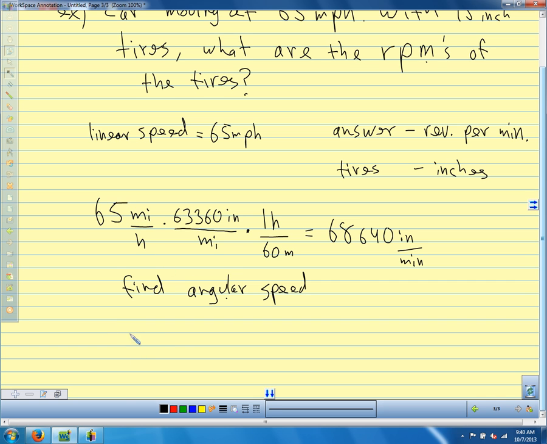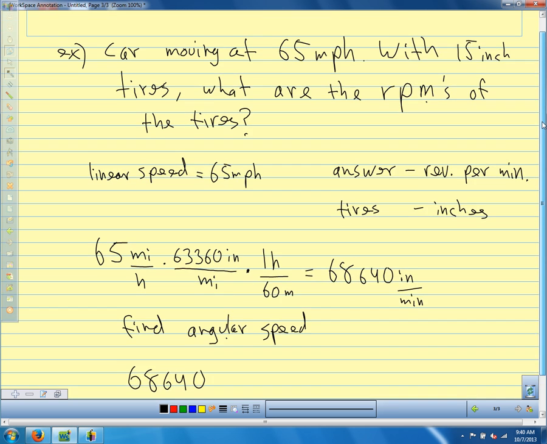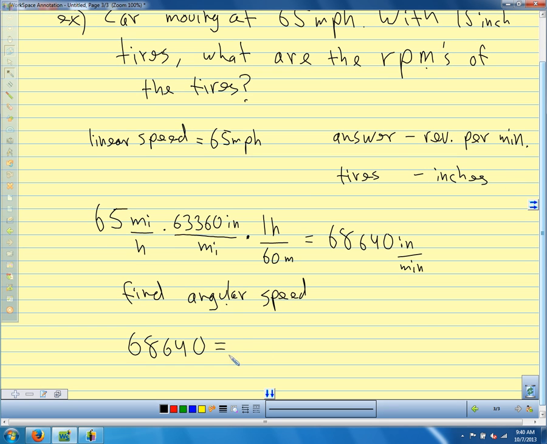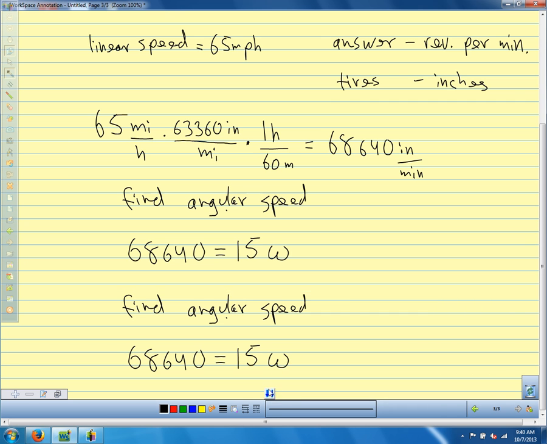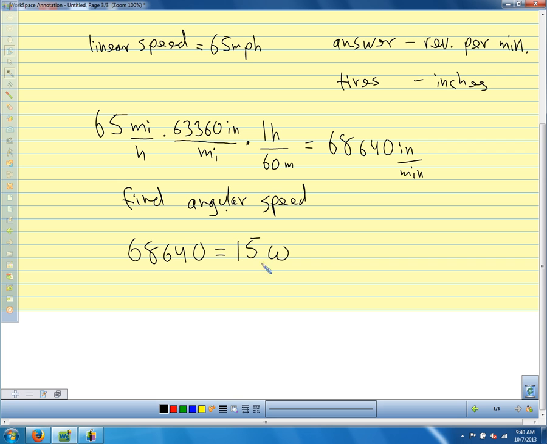So from our equation, we know that 68,640, our linear speed, equals the radius of our tire, 15, times omega, our angular speed. Divide both sides by 15 and I get omega equals 4576 radians per minute.